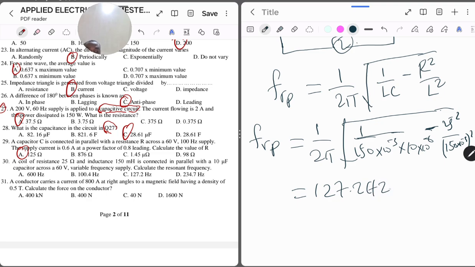So you get C. You just replace these in the formula, then you get this answer.